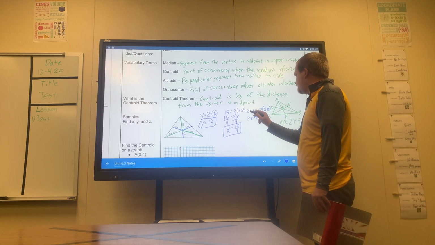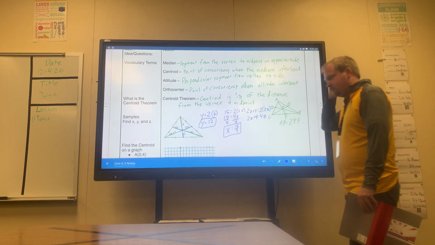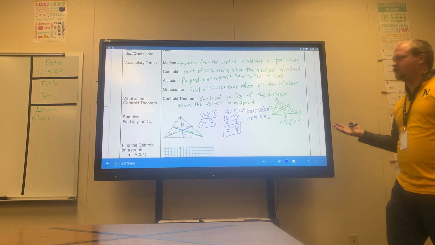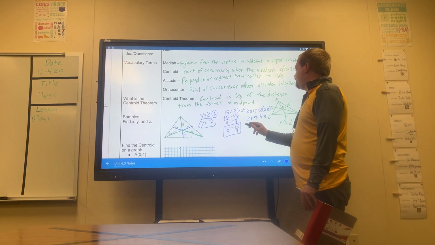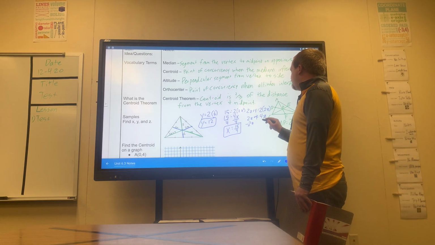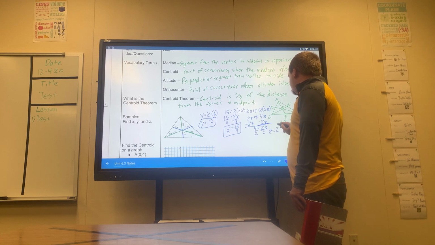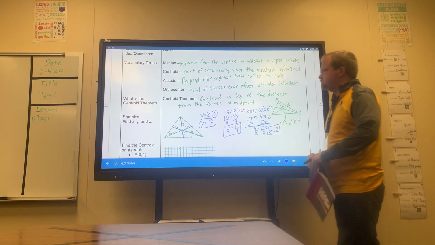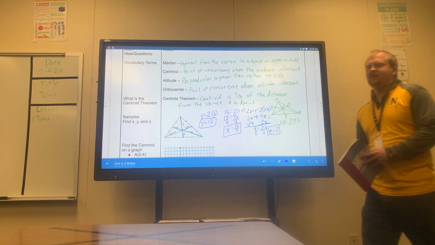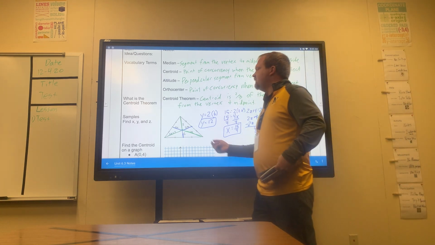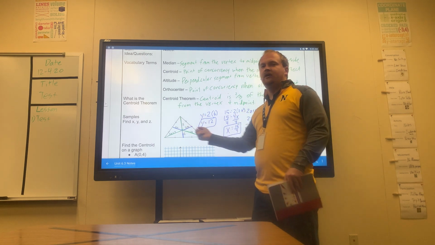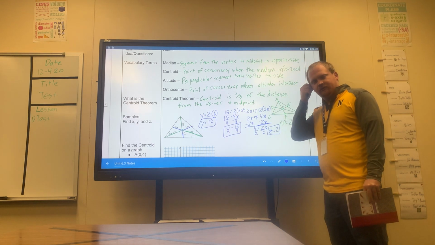My mistake, guys. But still, now we have to solve for z. So subtract 2z from both sides. 2z equals 4. Divide by 2, and I get z equals 2. So that's how we're going to find the variables, or the lengths of those sides.